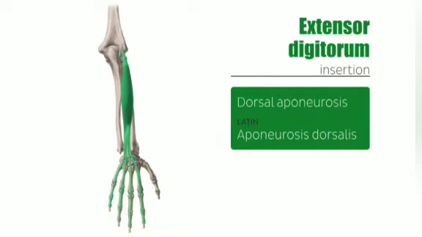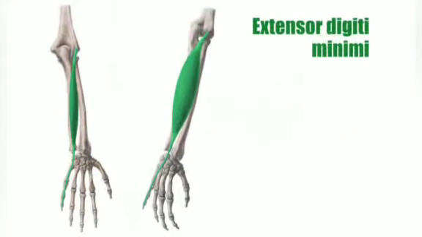Now, the dorsal aponeurosis of the 2nd through 5th digits serves as a place of insertion for various ligaments and muscles. Now let's move on to the second muscle on our list, the extensor digiti minimi.